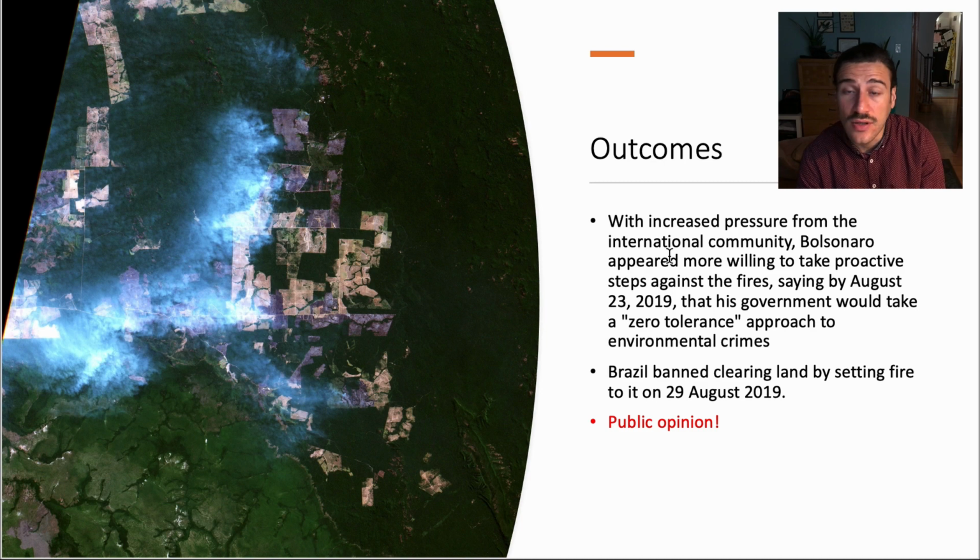So illegal logging, illegal slash and burn. So he did upregulate his response to these forest fires. On August 29th, 2019, Brazil banned clearing by setting land on fire.